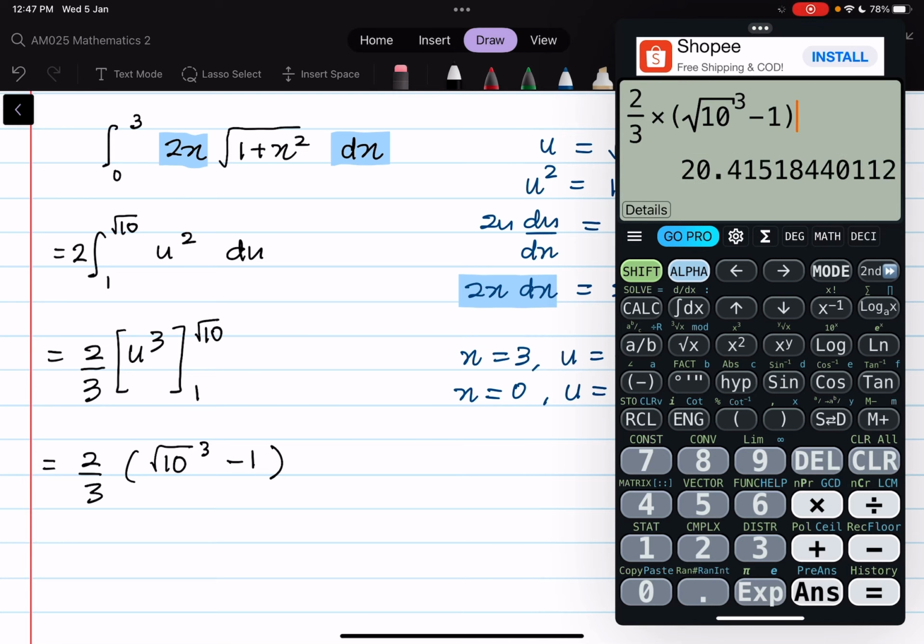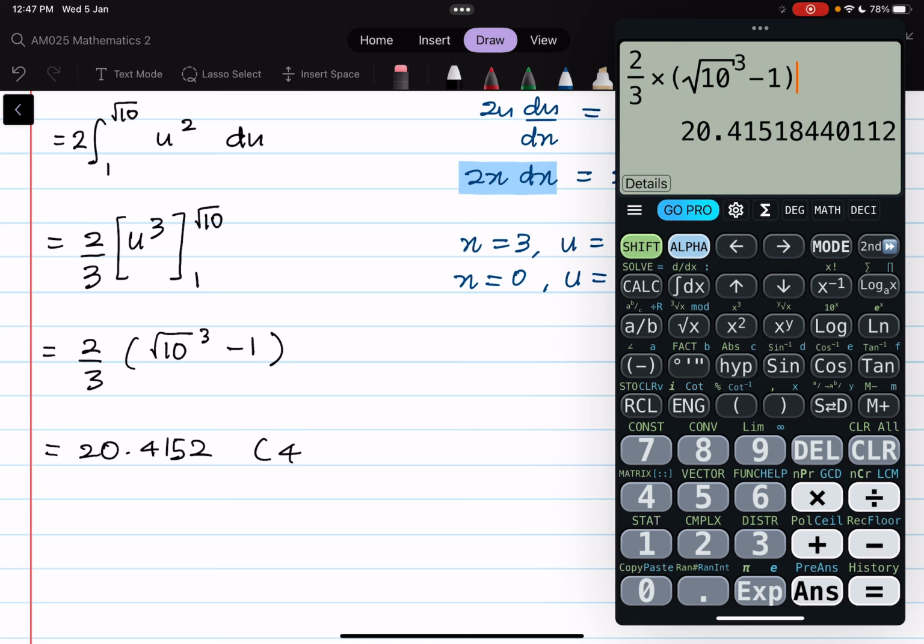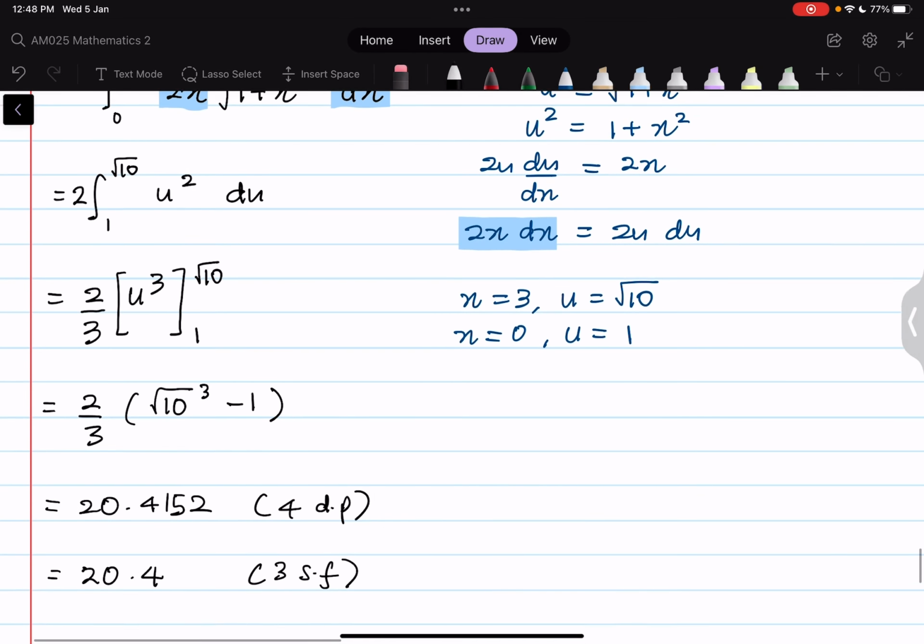So you're going to get 20.4152, correct to 4 decimal places. And if asked to leave your answer in 3 significant figures, you're going to get 20.4. So that's it.